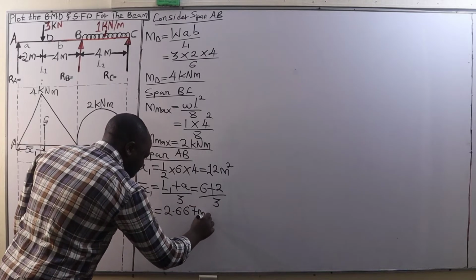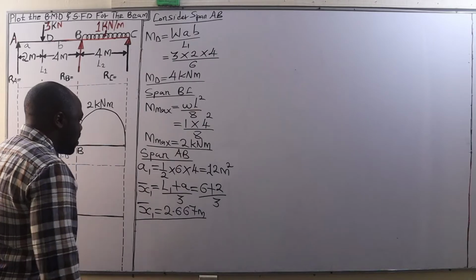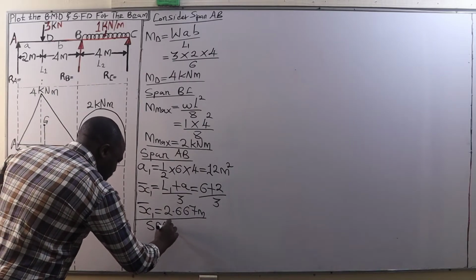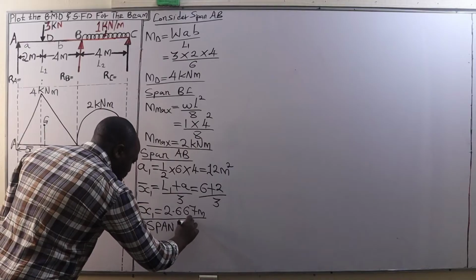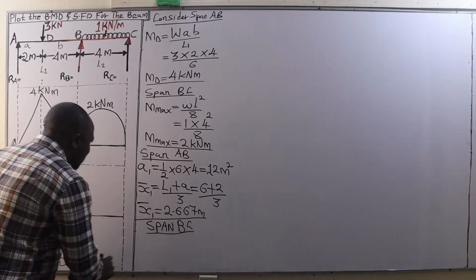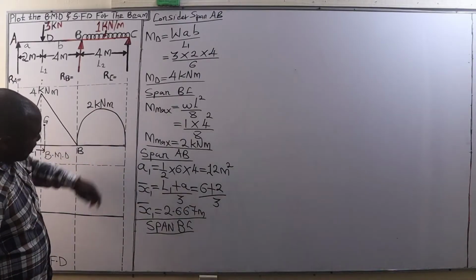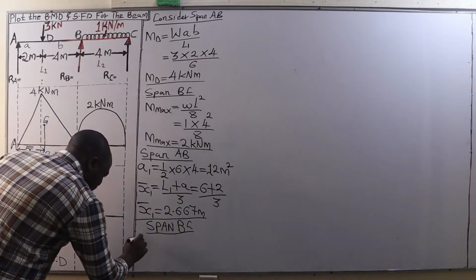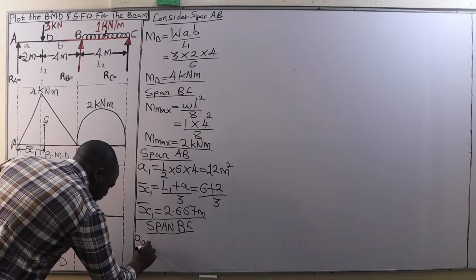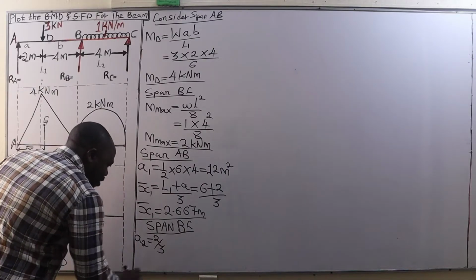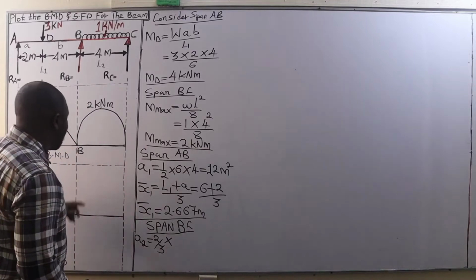and therefore bar x1 is equal to 2.667 meters. Then from there we go to the span BC. For the span BC, we are going to calculate the area of this curved surface, and that is A2. A2 will be given by 2/3 of the base.